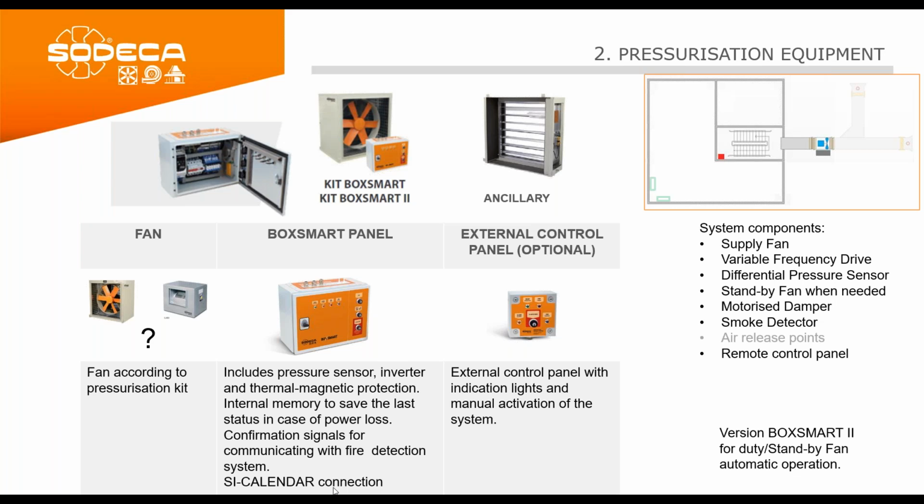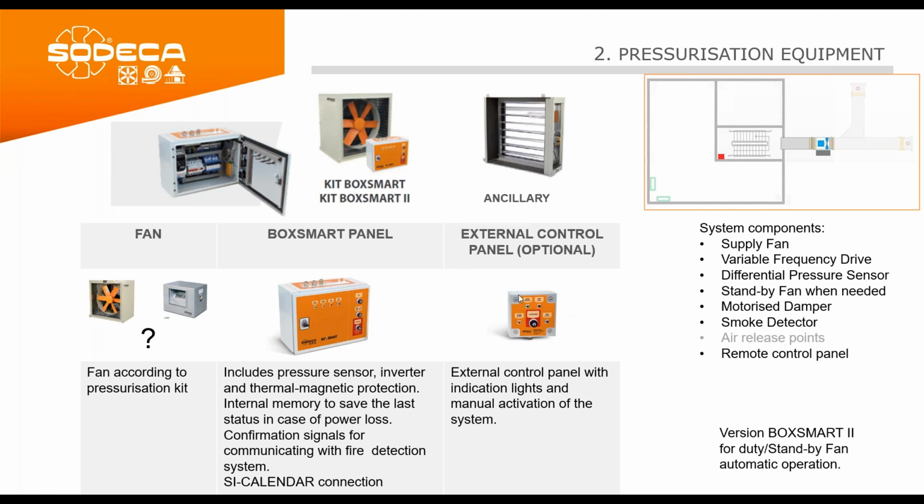And an external control panel, which we call the CM panel, can be connected to the Box Smart panel to be installed at the entrance of the stairwell for the use of the fire brigade.